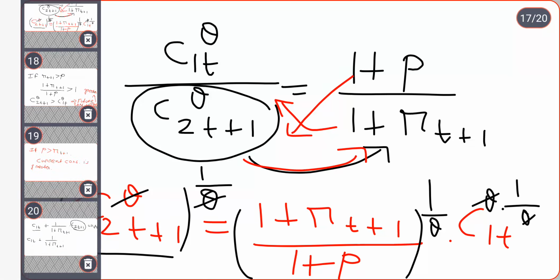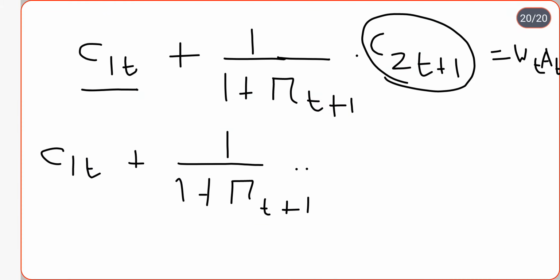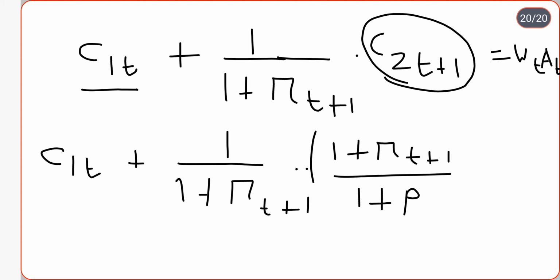So 1 plus rt plus 1 divided by 1 plus rho to the power 1 by theta multiplied by c1t, and this will be equal to Wt.